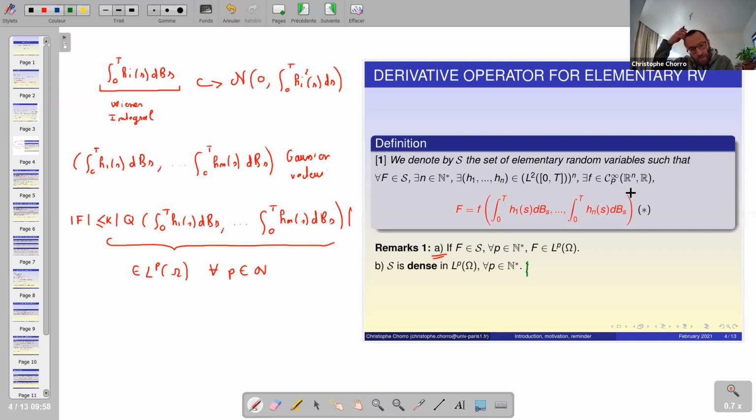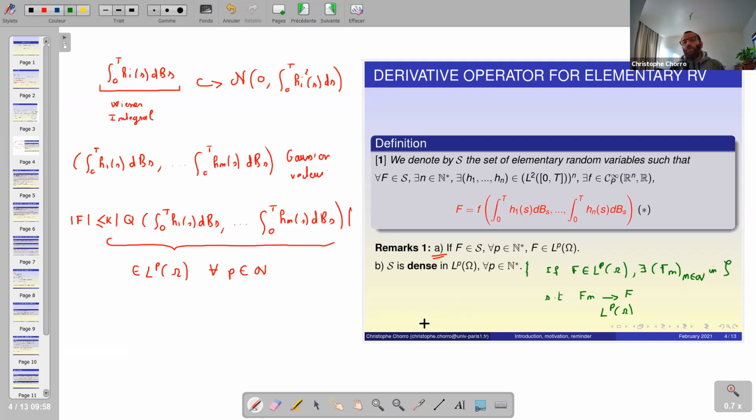And what is the meaning of the density? It means the following. If F belongs to L^p of omega, there exists a sequence F_n in S such that F_n converges toward F in L^p of omega.